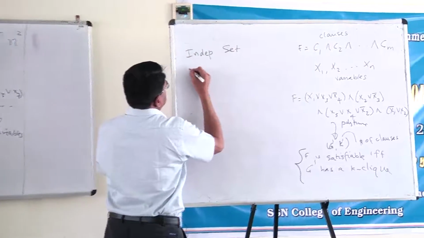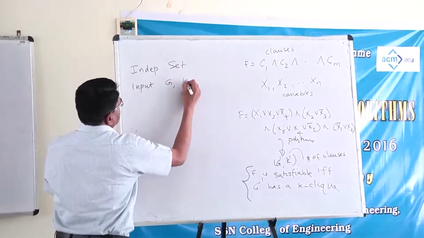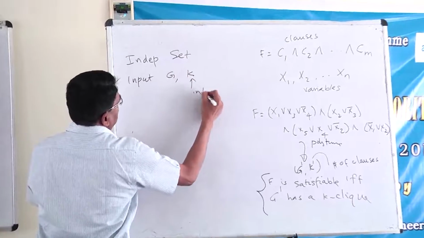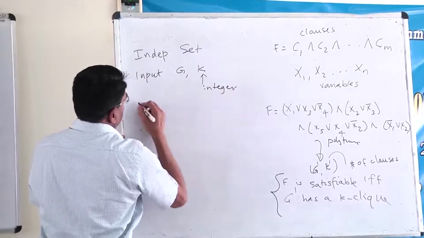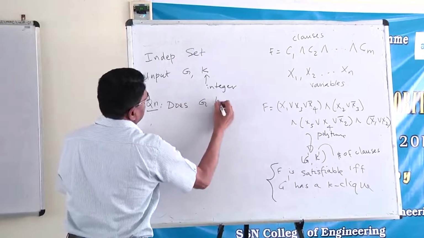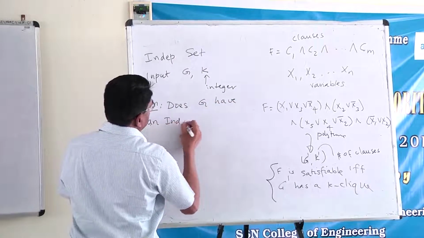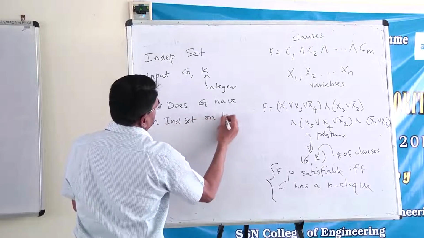So, what is an independent set? Again, the input is G and some integer k, and the question we are interested in is: does G have an independent set on k vertices?